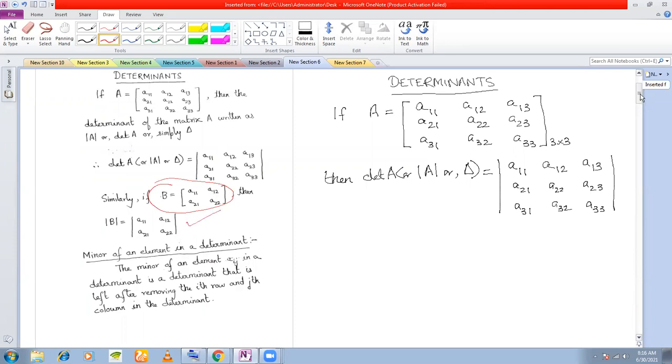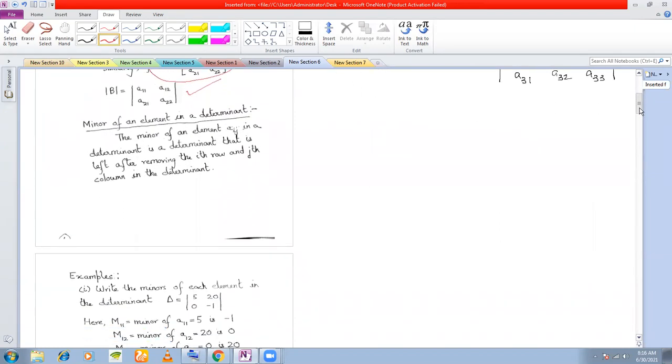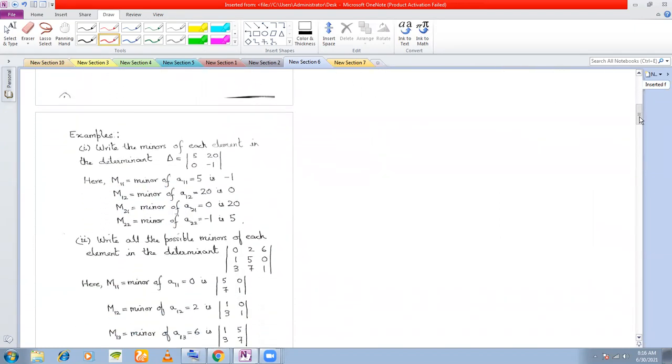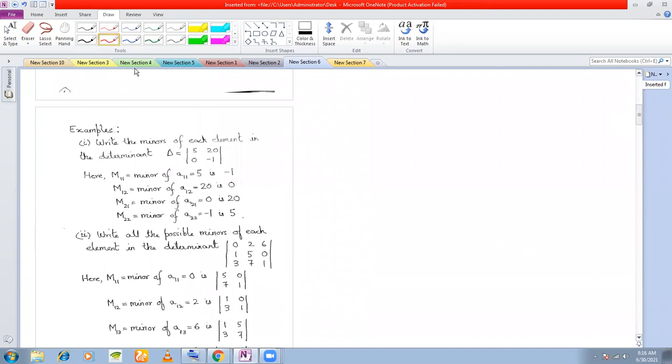Now, first what we define is called the minor of a determinant. What do you mean by minor of a determinant? See here, suppose I take the determinant delta is equal to 5, 20, 0 and -1.